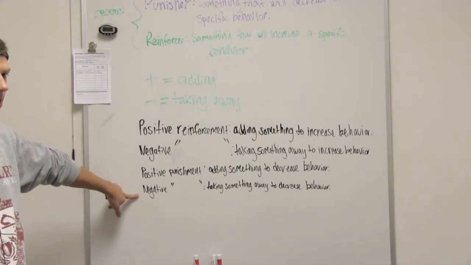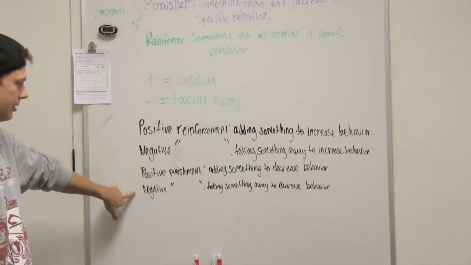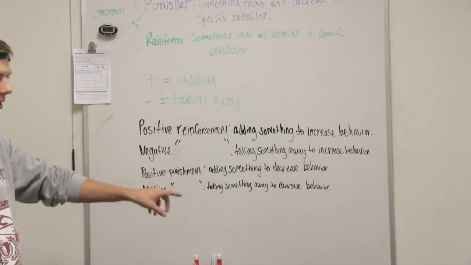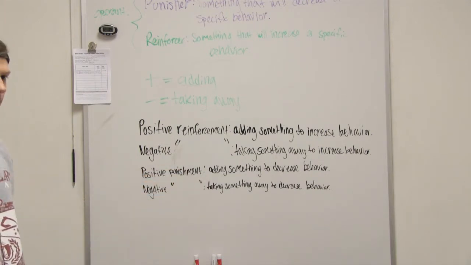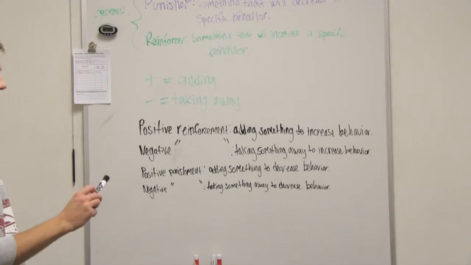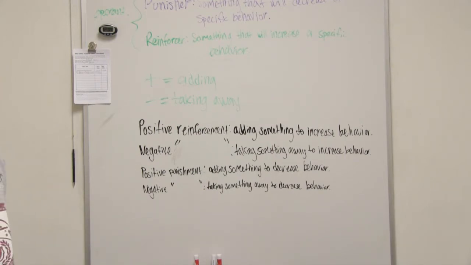Right. If you take away soccer if they don't clean their room, that's negative punishment because you're trying to decrease their behavior of not cleaning their room. So negative reinforcement is taking away something that's gonna increase their behavior. Right. I don't think that it was ever used on me.